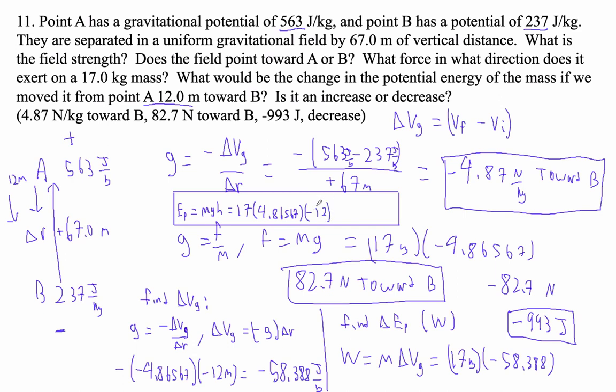That should work. 17 times that guy, times, indeed, that also works. That equals negative 993 joules. So you could cheat a little, doesn't matter. Any valid way of doing it is perfect. All right.